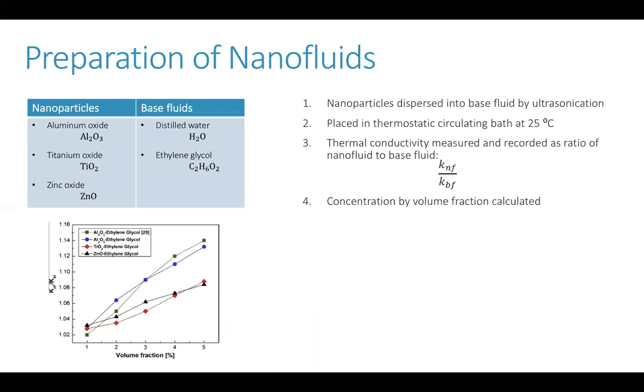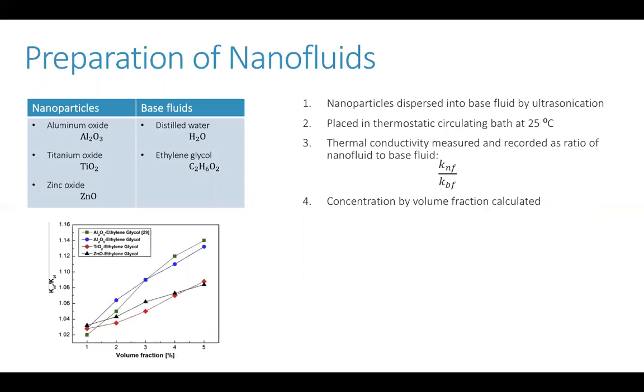They first combined the nanoparticles with the base fluid by a process known as ultrasonication. After that, they placed the nanofluids into a thermostatic circulating bath, which was kept at a constant temperature of 25 degrees Celsius. From there, they measured the thermal conductivity, but they recorded it as a ratio of the thermal conductivity of the nanofluid to that of the base fluid.